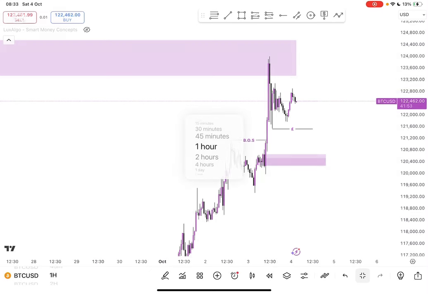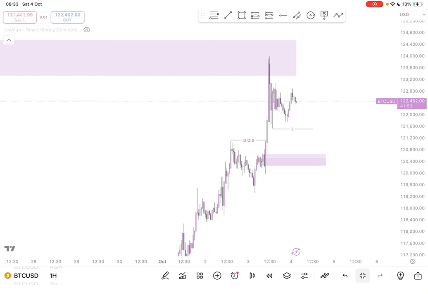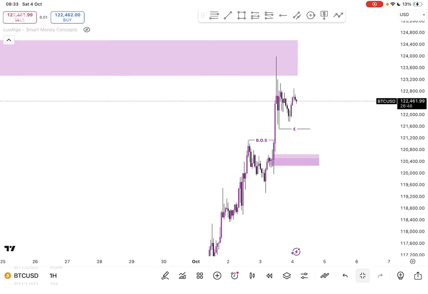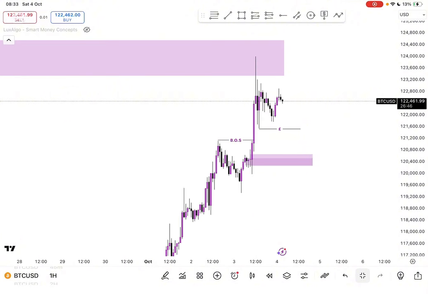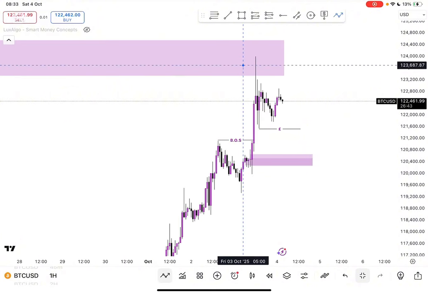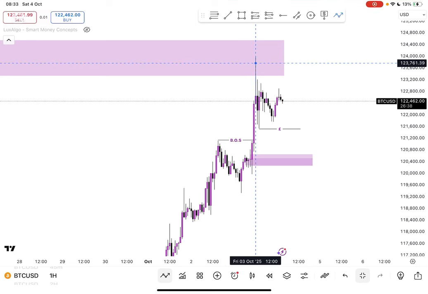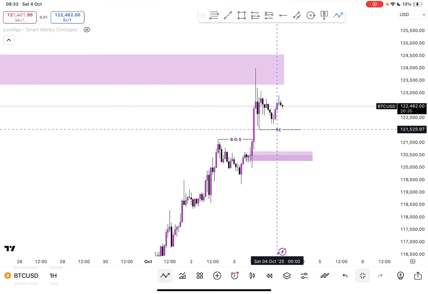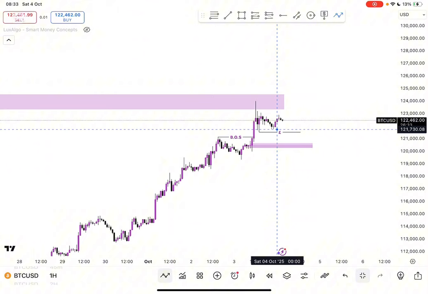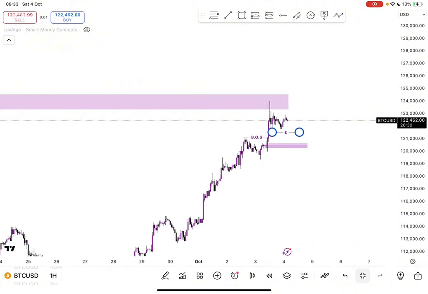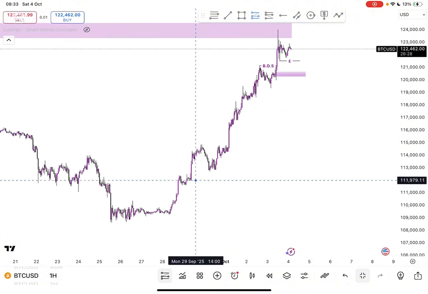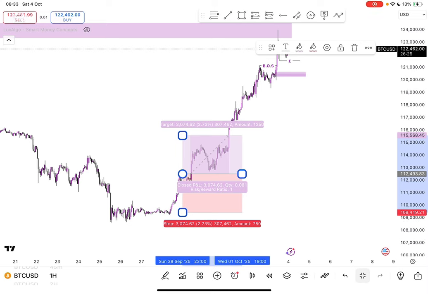But for me to take this trade, because of this 4 hour time frame order block, let's go back to the 1 hour. Now this 4 hour time frame order block here, which is this one that my cursor is moving on, has the potential of pushing this price downward, maybe triggering our previous analysis that we did, which is somewhere here.